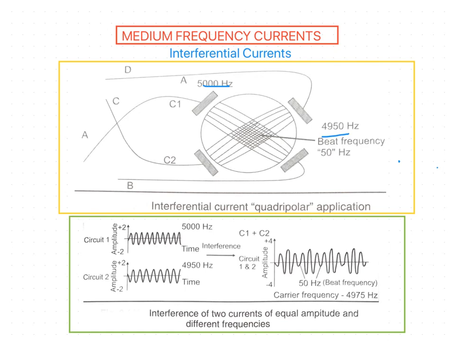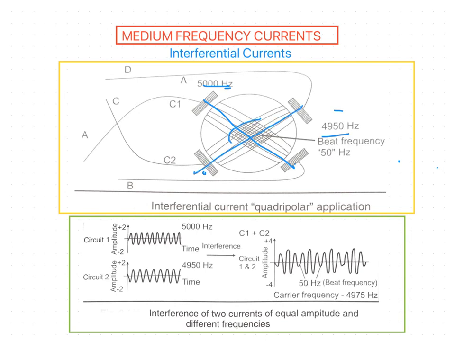So one pair will have 5000 hertz and the other pair will have 4950 hertz. This is called quadripolar. We have to arrange them in opposite directions. If you take group A, you keep it in position on one side, and the other one in the opposite direction.